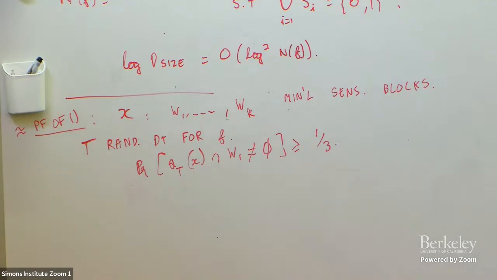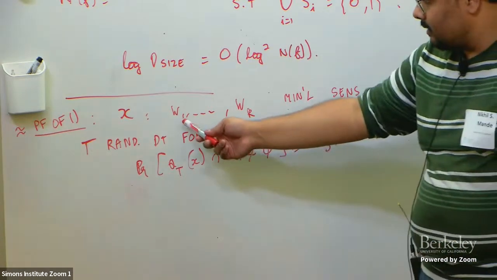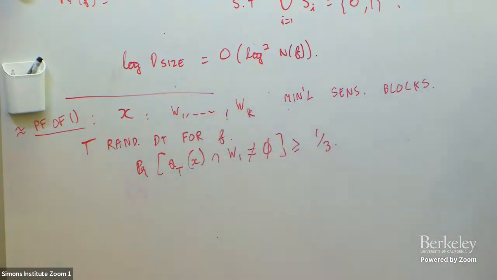Why is this true? Because if you haven't seen a single variable from W1, then your randomized tree hasn't distinguished between X and X with W1 flipped. Right? And by definition of sensitive blocks, these have different values.